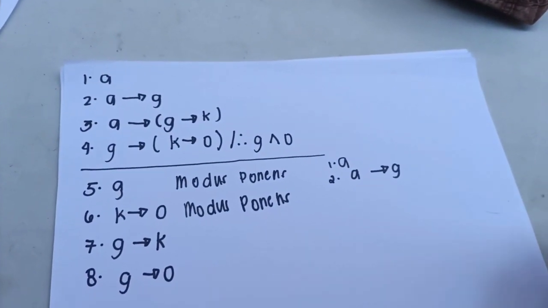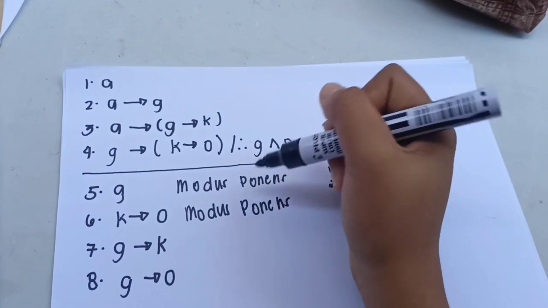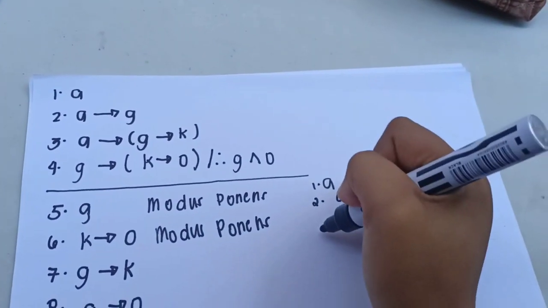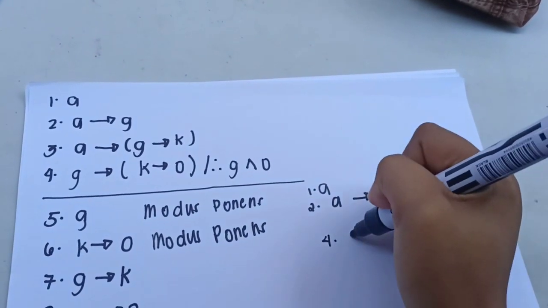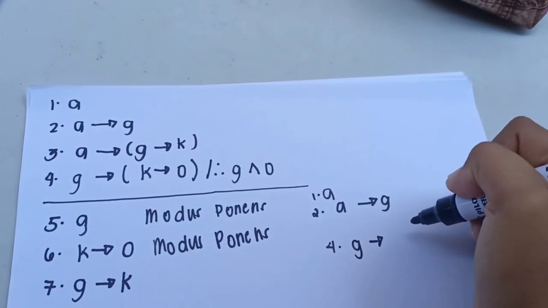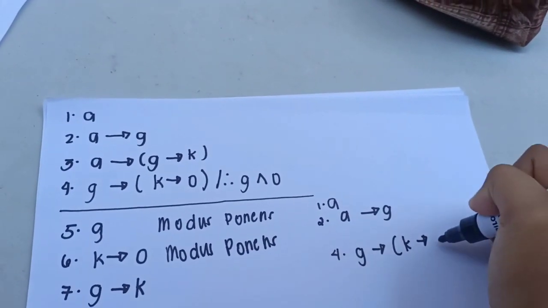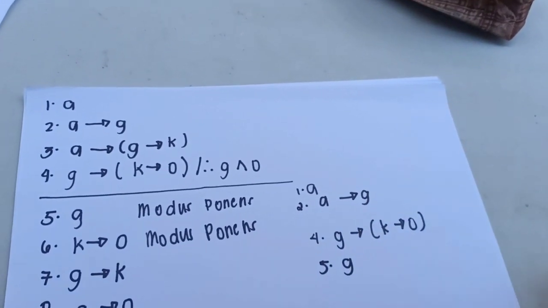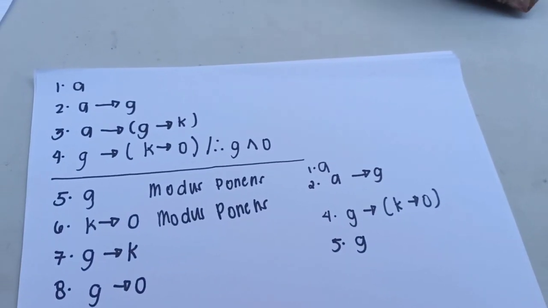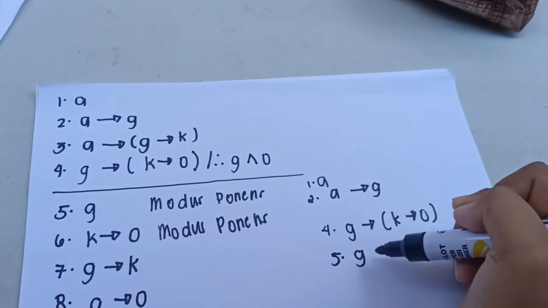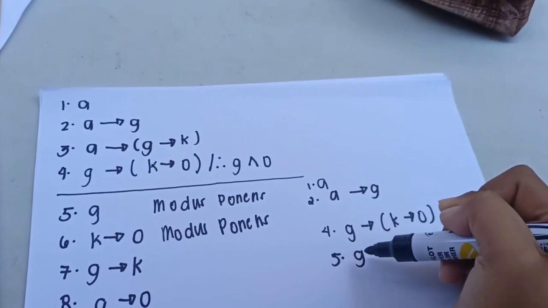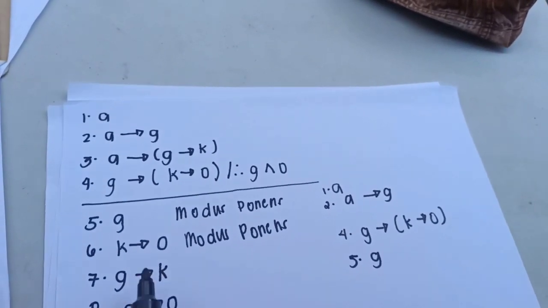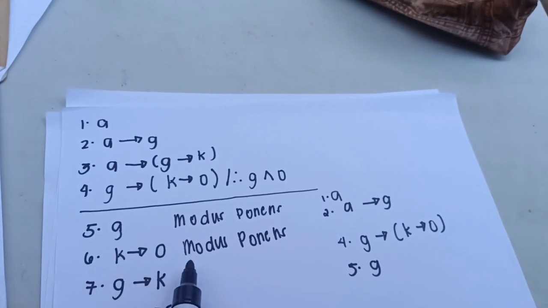So, if we combine number 4 and 5, so yung number 4 natin is G implies K implies O. Then, number 5 is G. So, yung modus ponens natin, alam naman natin na if meron silang same na dalawa, yung G is same sila. So, yung natira na lang is K implies O. So, kaya naging K implies O yung number 6.